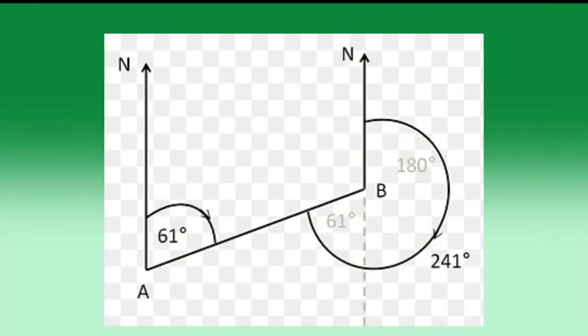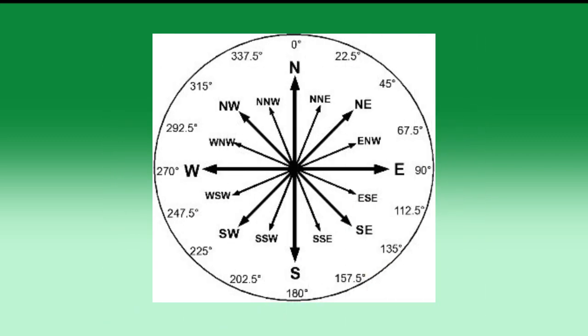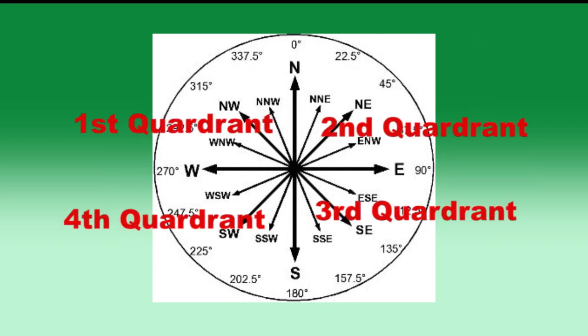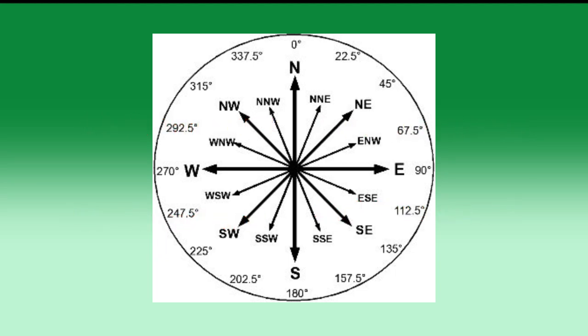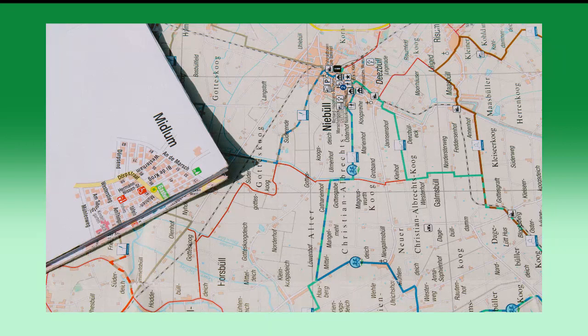But where they are not readily available, one can make marks and take quadrants of the different angular areas within the circle to get the bearing. So let's now demonstrate and take some examples.